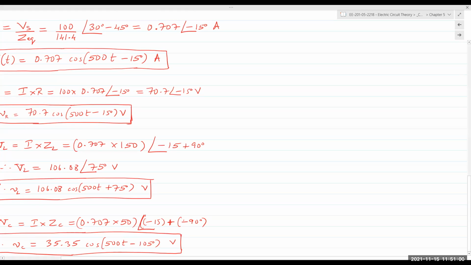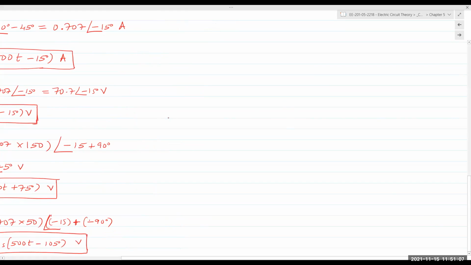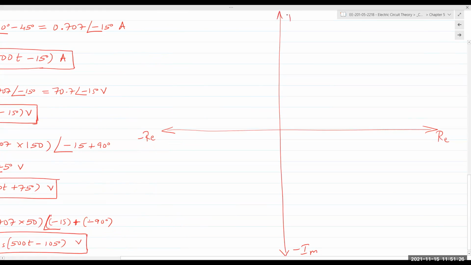So if this was my real axis, first, let's draw VS. VS is at a 30-degree angle with the real axis, right?